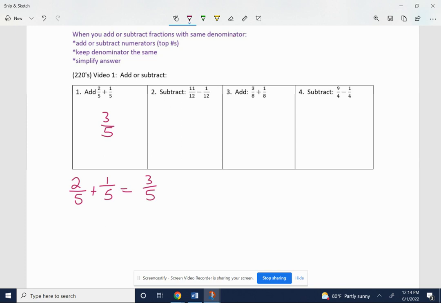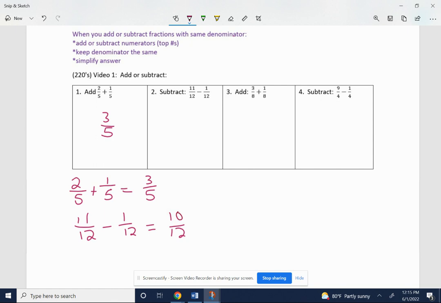Okay, problem 2, 11/12 minus 1/12. The denominators are the same, the 12, so leave it alone. All you need to do is take 11 minus 1 to figure out the top. 11 minus 1 is 10. So the answer is 10/12.